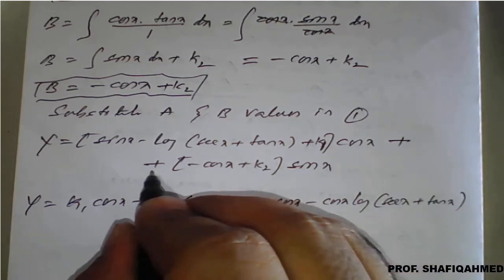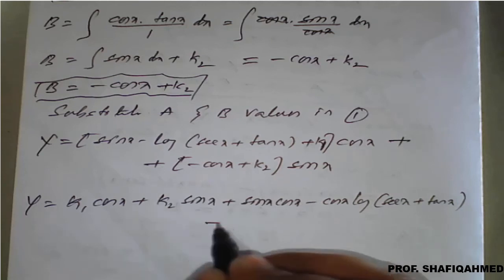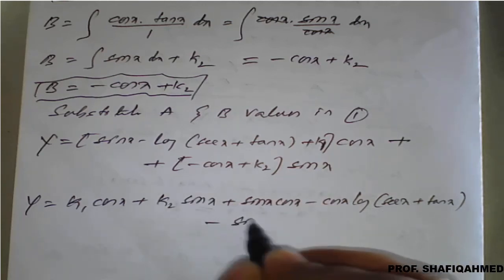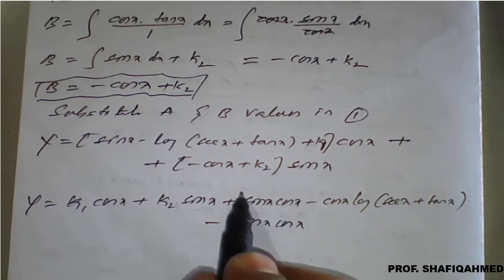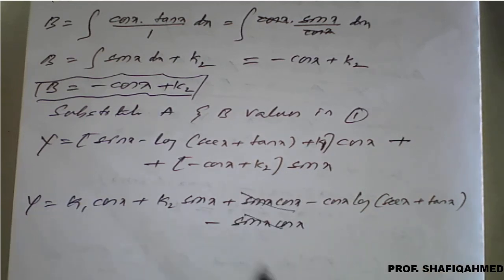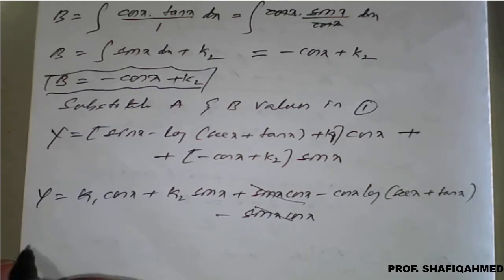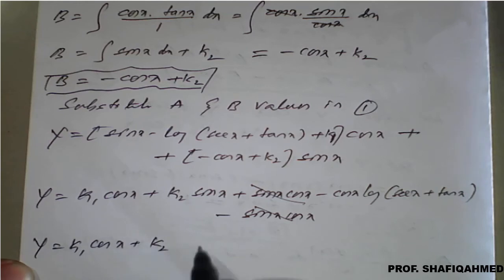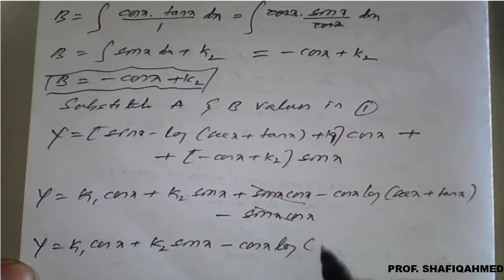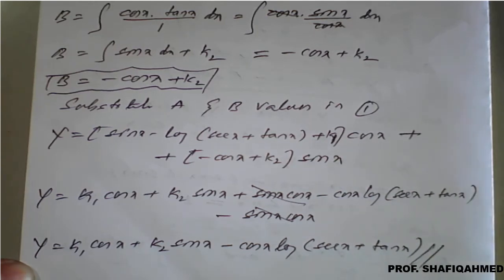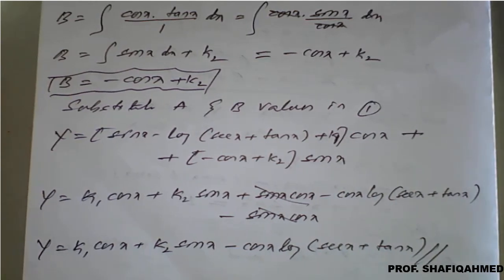Next, the remaining is plus into minus is minus, sin into cos, it becomes sin x into cos x; k2 sin x we have already taken. So this plus sin x cos x minus sin x cos x cancels. Therefore y is equal to k1 cos x plus k2 sin x minus cos x into log of secant x plus tan x, which is the final complete solution here.